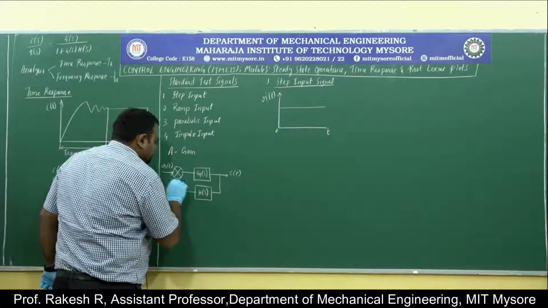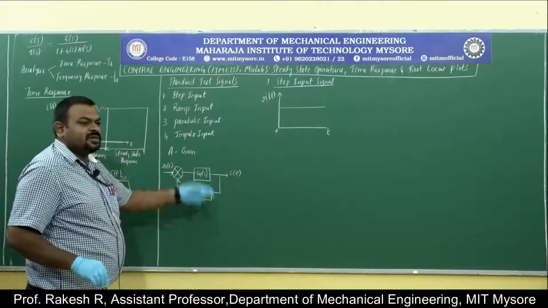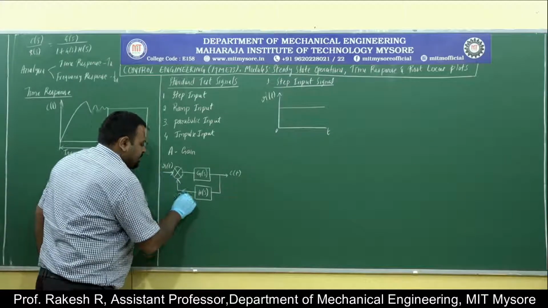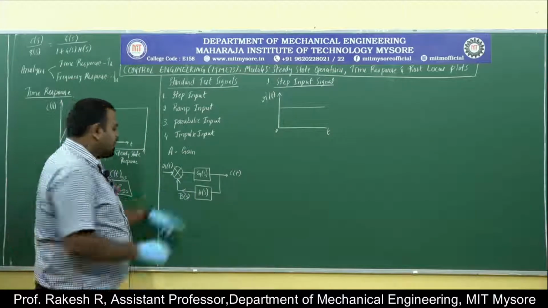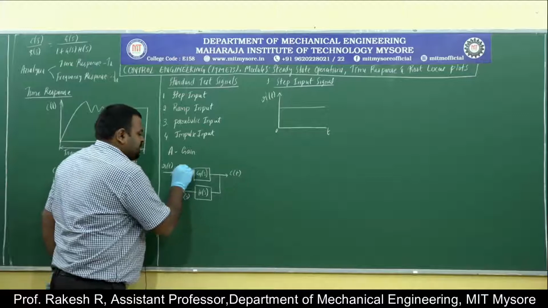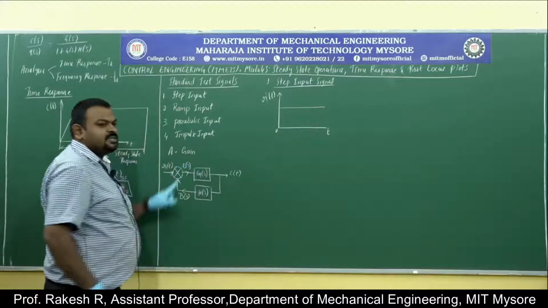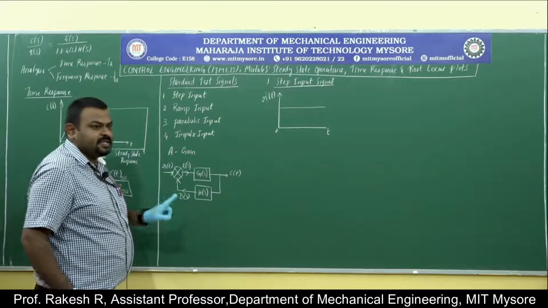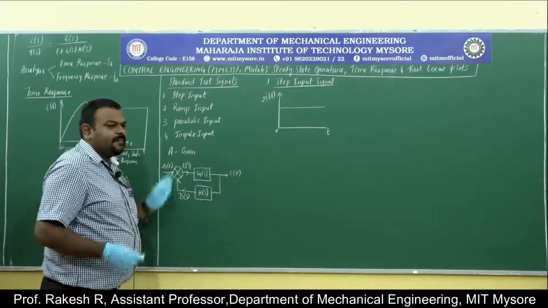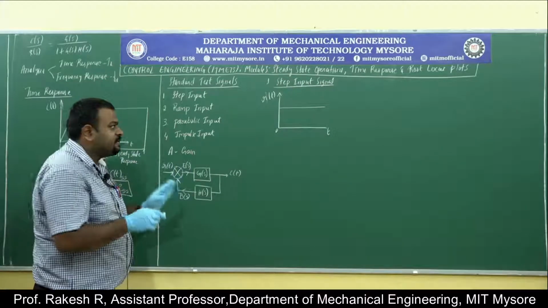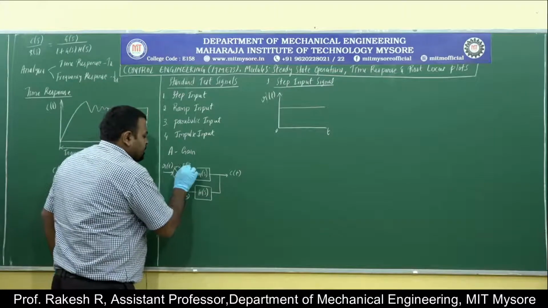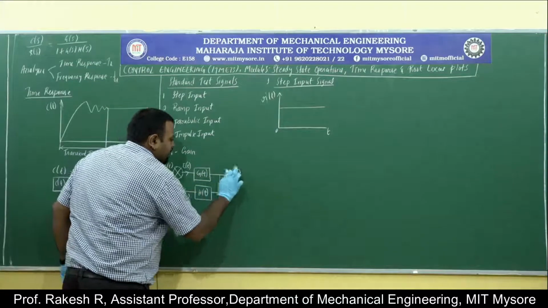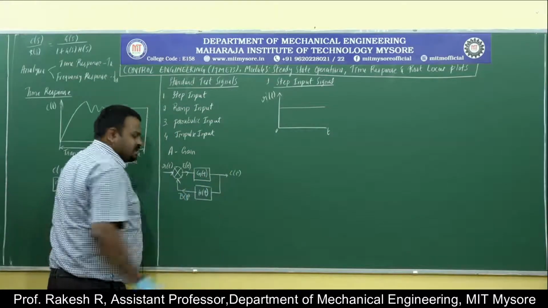The signal obtained from feedback is the feedback signal B of s. The signal we feed to G of s is the error signal, which is the comparison of the reference input and the feedback signal. Generally, everything will be expressed in terms of s or in terms of t. So I will try to express everything in terms of t only, and finally that will be converted to s.